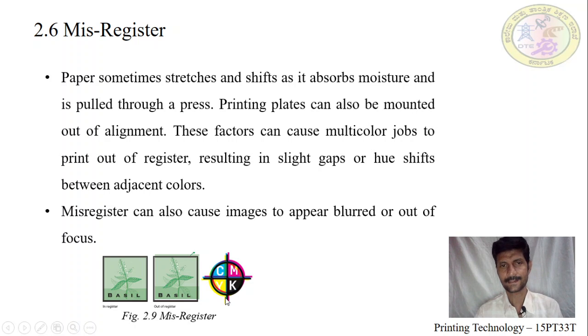This is the registration mark of the four color separations to get this output: cyan, magenta, yellow, black. If the colors are correctly registered and overlapped one over the other, no color misalignment or blurred effect will appear.